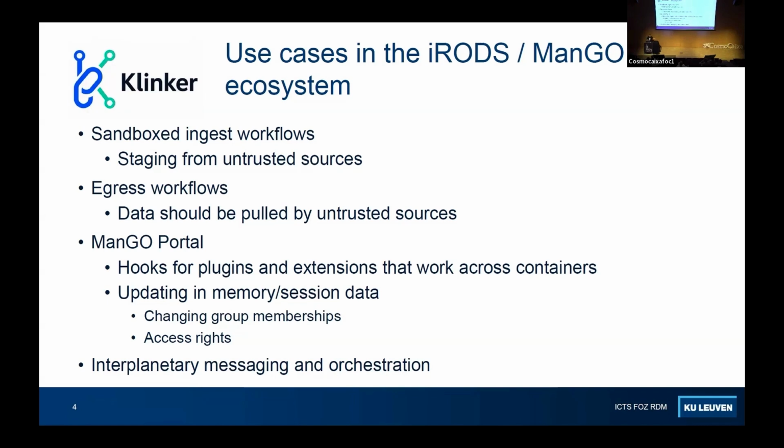So you say, hey, user, you are now added to this group, the container updates, but other users might also need to be aware of that. So it's a mechanism that you can use to hop from one container to another and say, update your group structure, it has changed in your cache. And anything like interplanetary messaging and orchestration, as long as the latency is sufficient for you.